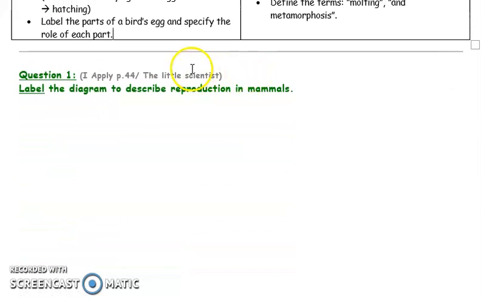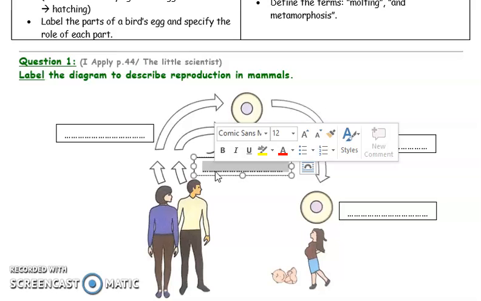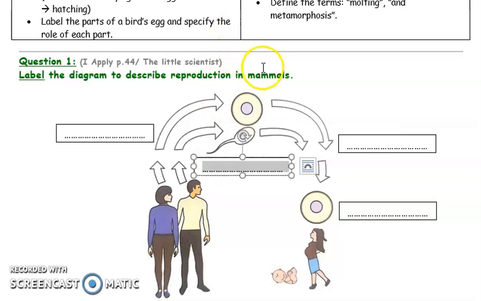Label the diagram to describe reproduction in mammals. Males, so this is sexual reproduction. Males produce sperms, which are the male sex cells.